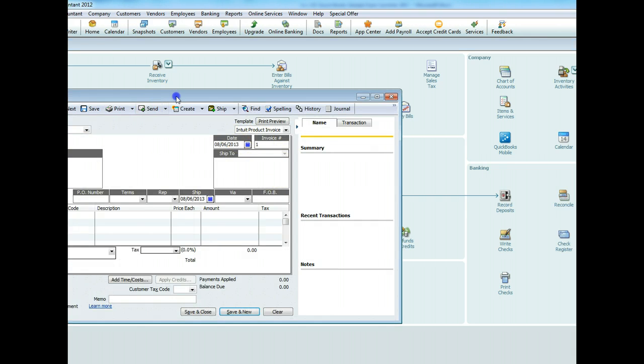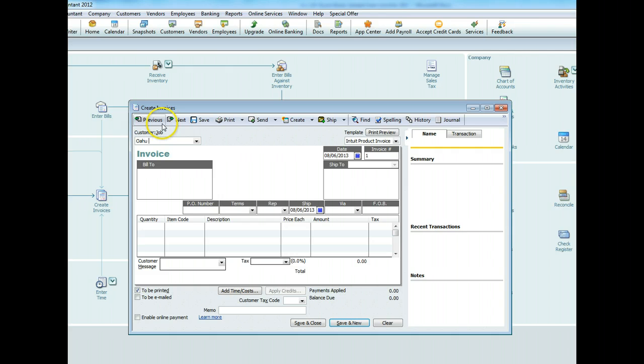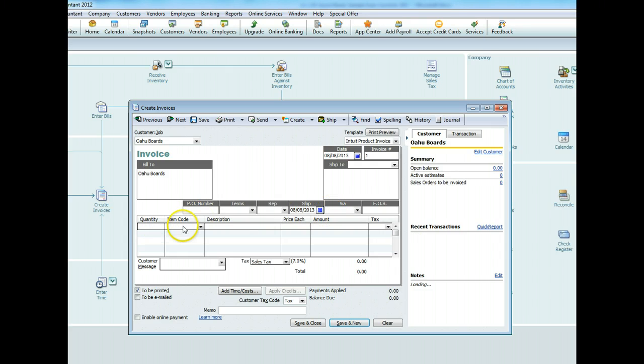Oahu Boards has ordered. It's now the 8th of August, and they've ordered 25 skateboards. It's $7,500.